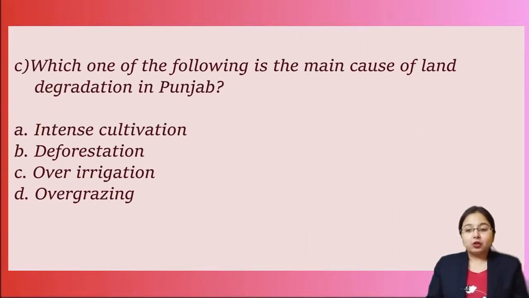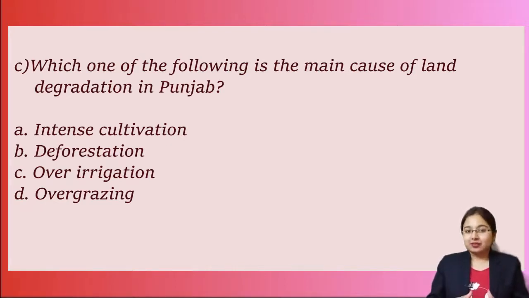Okay. Next, question number 3. Which one of the following is the main cause of land degradation in Punjab? It is specifically asking about Punjab, what is the main cause of land degradation, meaning land deterioration. Why has land degraded in Punjab? What is the root cause of it? The options are: first, intensive cultivation, option B, deforestation, option C, over irrigation, and option D, overgrazing.